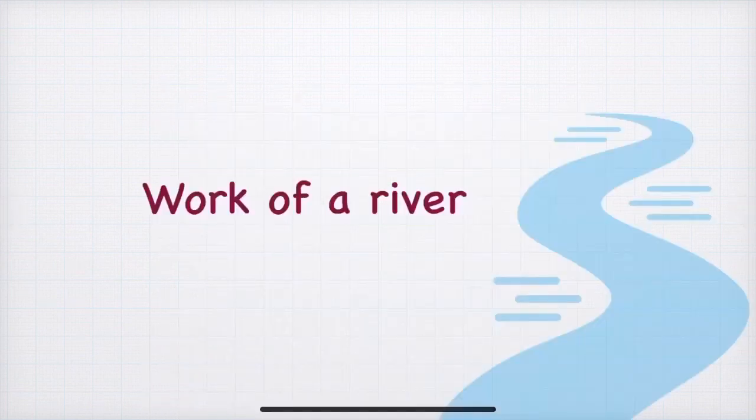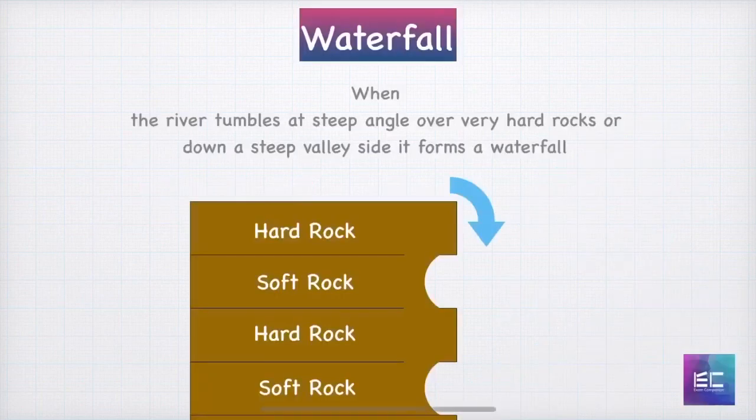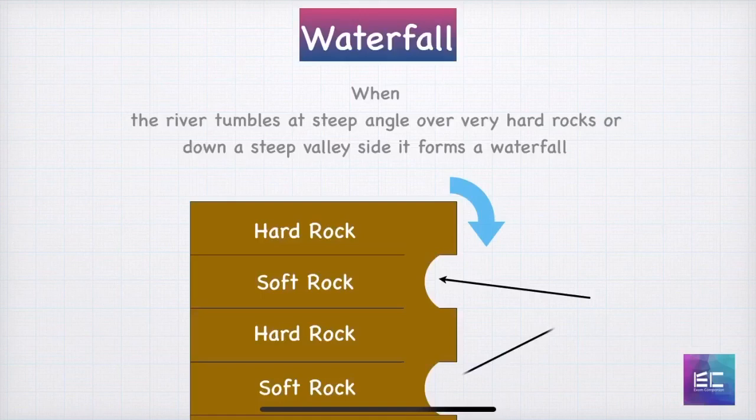Work of a river. Here we will study about waterfalls, ox-bow lakes, and delta. Let's see each of them one by one. Waterfall. When a river tumbles or falls upon hard rocks, it forms a waterfall. Now, when a river falls, it erodes soft rocks more than hard rocks because soft rocks wear away very easily.